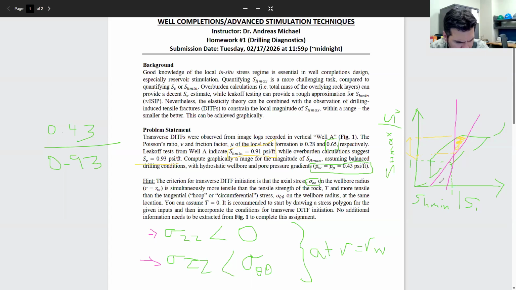In that case, if you make the triangle smaller, you will be able to constrain this range.